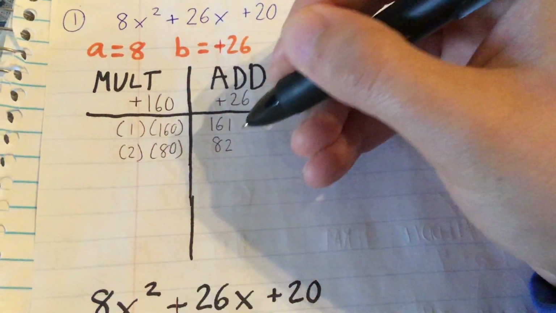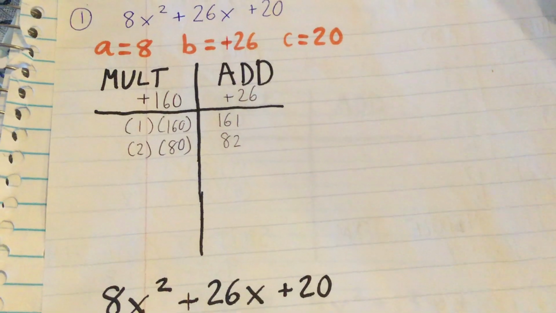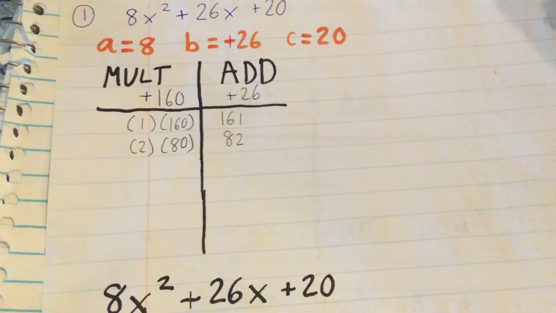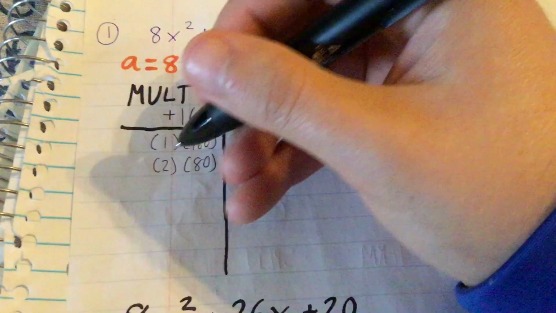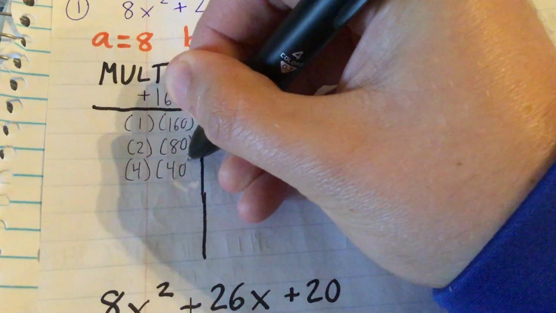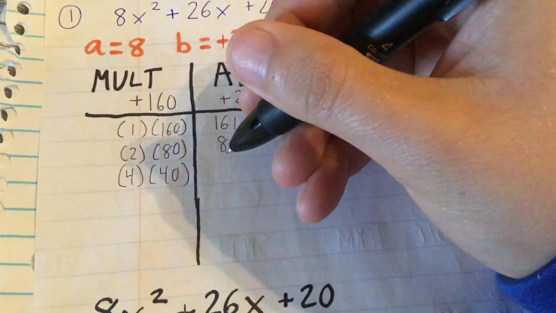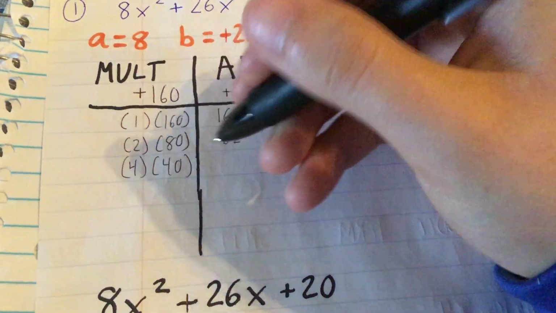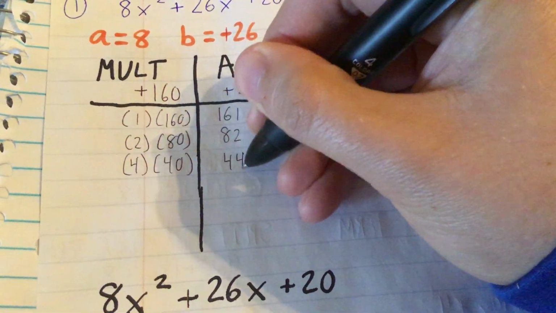Okay, we've made some improvement. 160 divided by 3 is a decimal. So let's try 4. 4 goes into 160 40 times. Then 4 times 40 is 160. 4 plus 40 is 44.